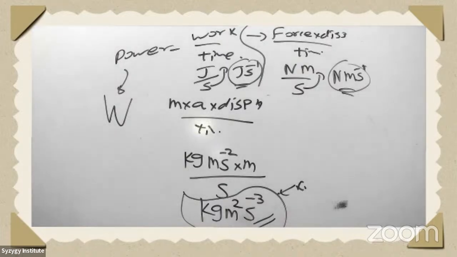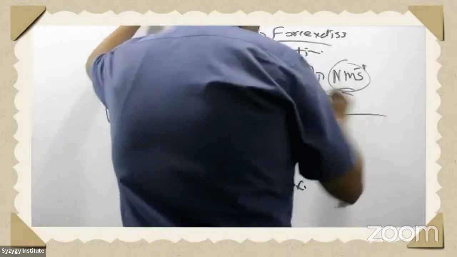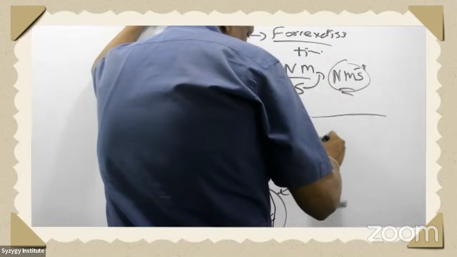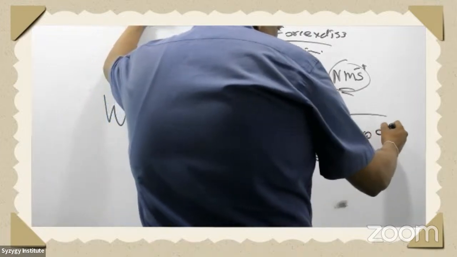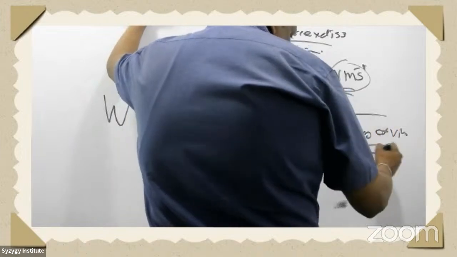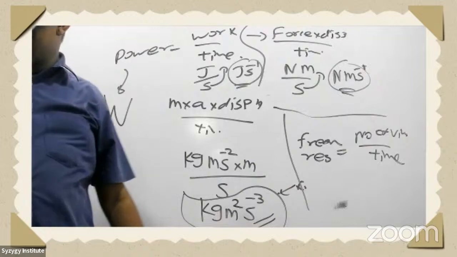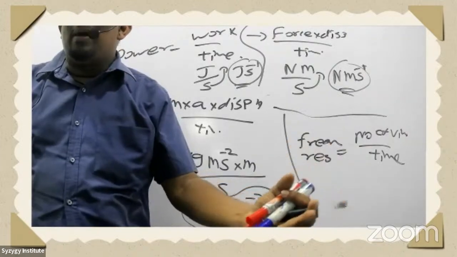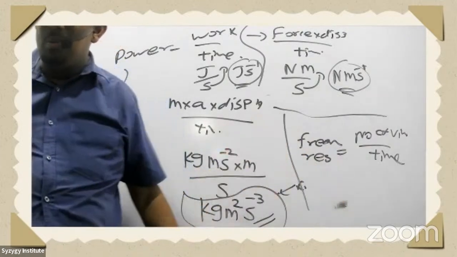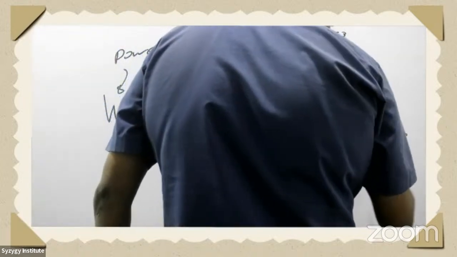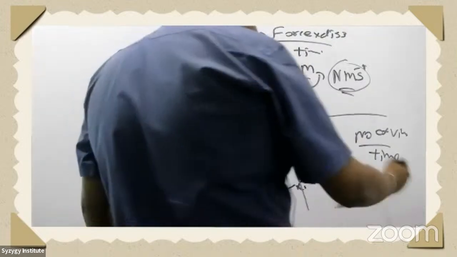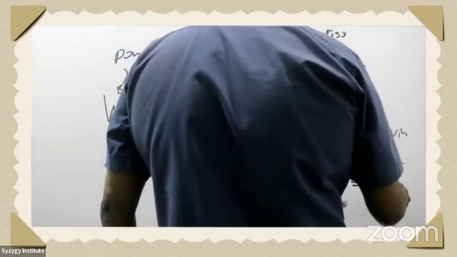Frequency, hertz. Frequency is the number of vibrations over time. Number of vibrations means it's just a number. I can write 1 and time in second.